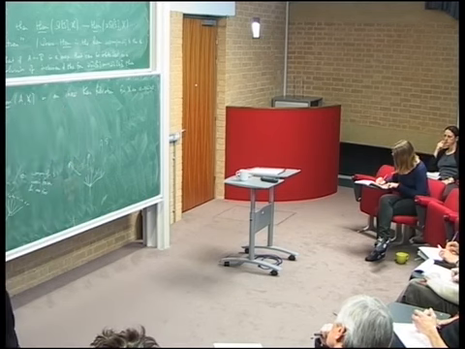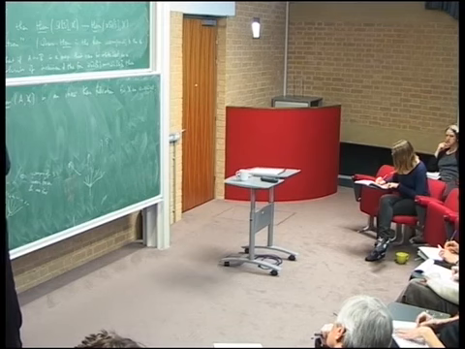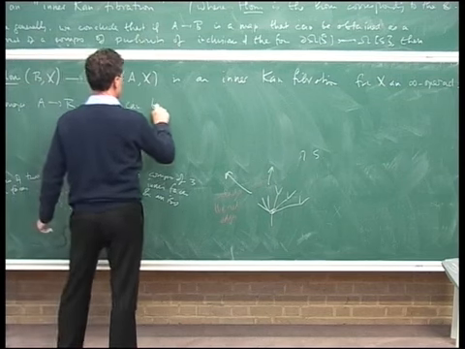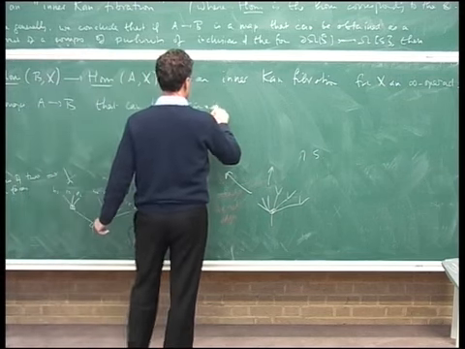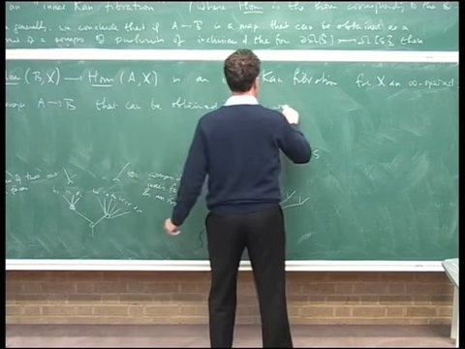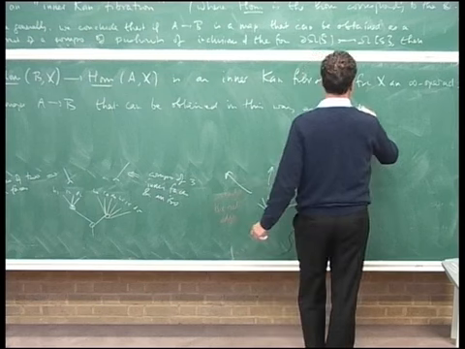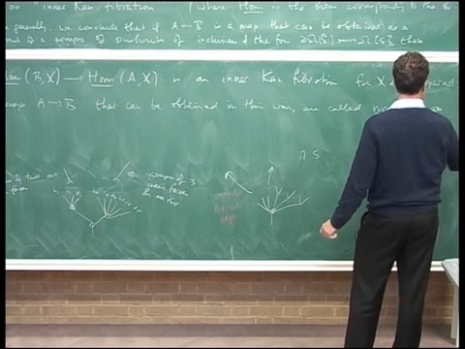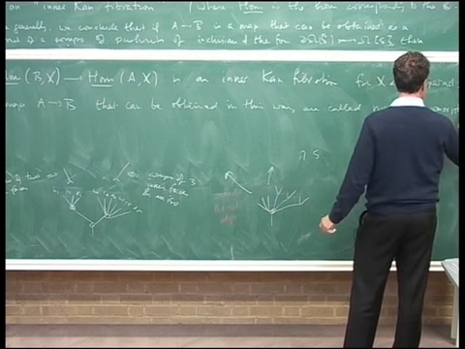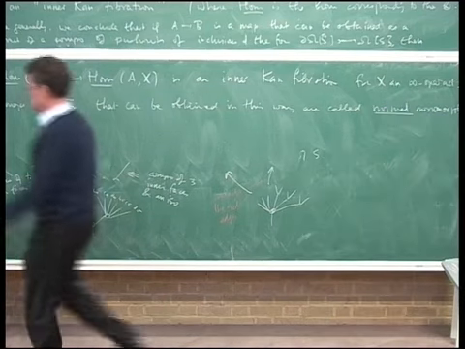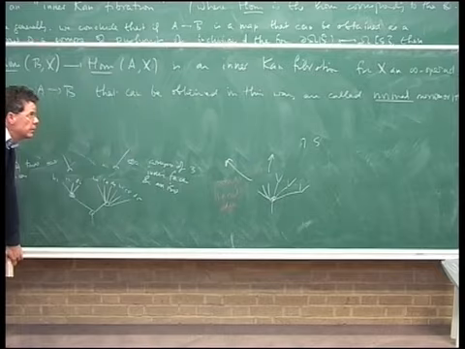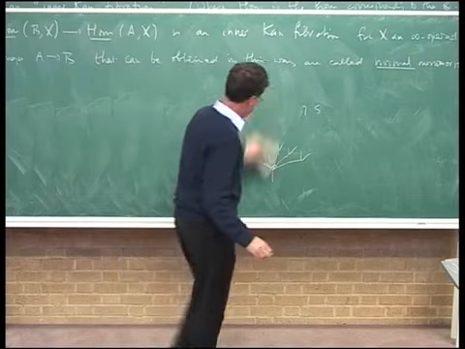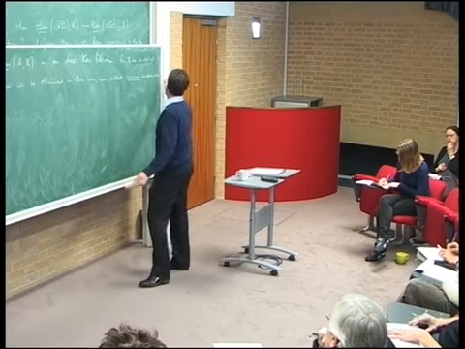So the maps A to B that can be obtained in this way are called normal monomorphisms, not very imaginatively, but they're called like this in a more general context. The work of Szynski.